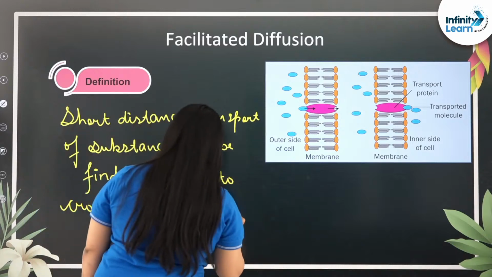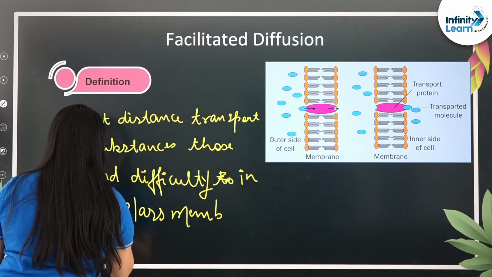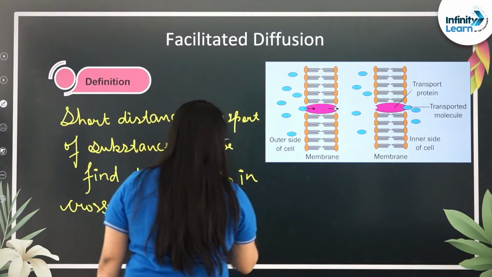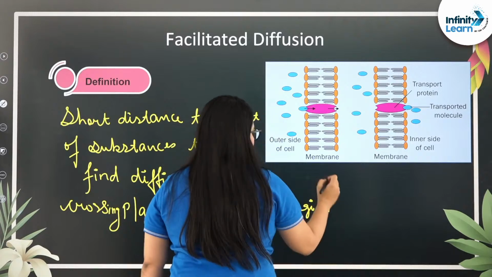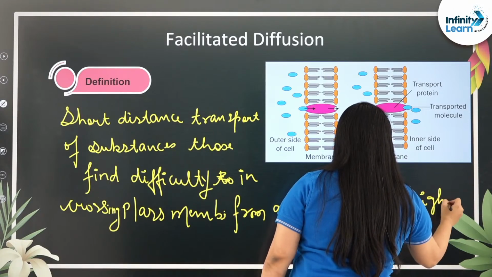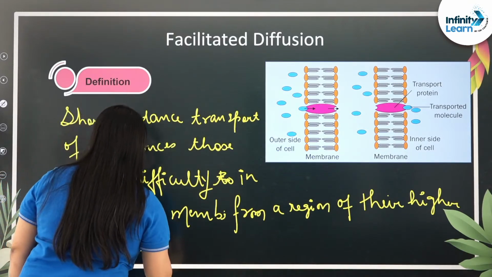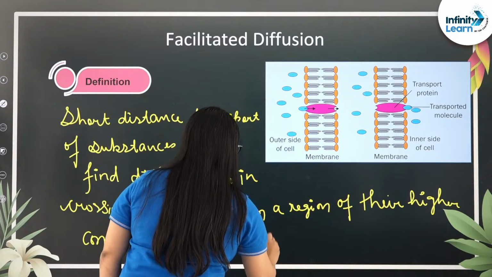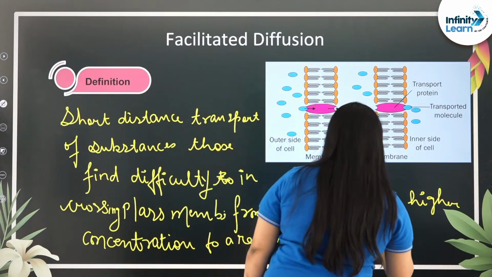That would be better. In crossing the plasma membrane from a region of their higher concentration to a region of lower concentration.